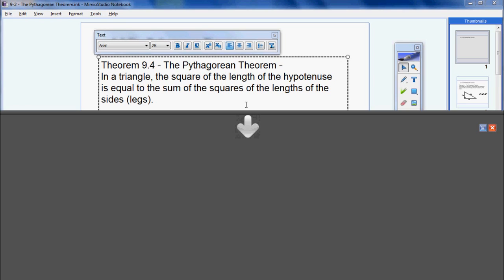It states that in a triangle, the square of the length of the hypotenuse is equal to the sum of the squares of the lengths of the legs.